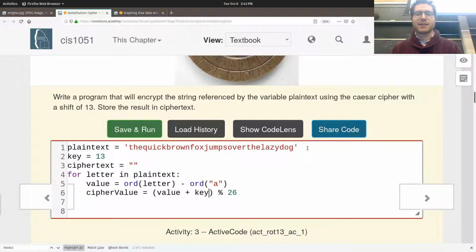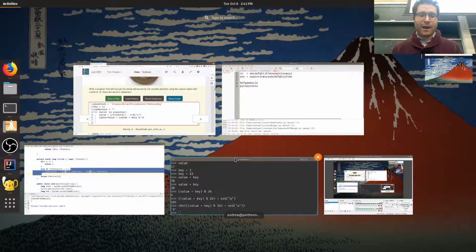So we're adding the key in here, we're rotating it, and if we rotate too far, the mod 26 brings us back to 0 and starts it up again, right? So modular arithmetic brings us around.